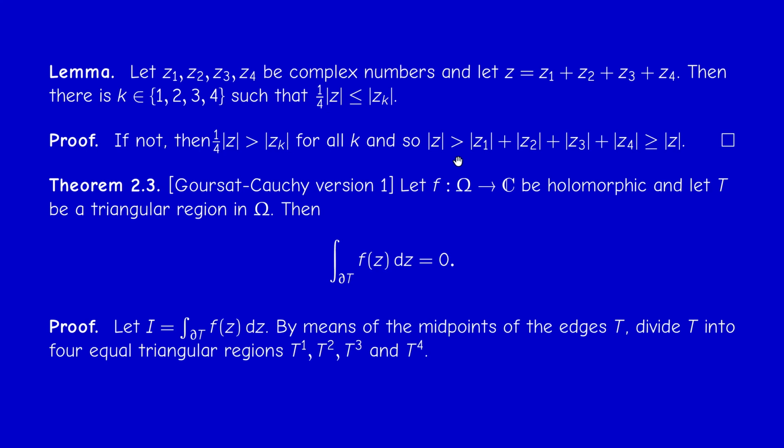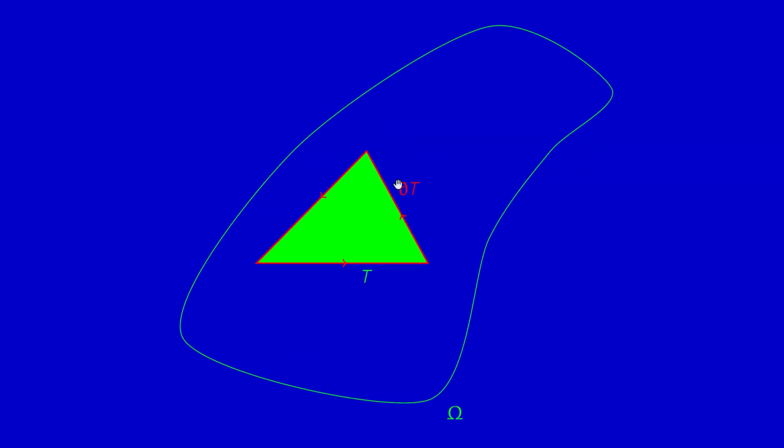Now divide the triangular region T into four equal triangular regions, T1, T2, T3, T4. Here's the figure. Start with a triangular region in green here, T, whose boundary is oriented.